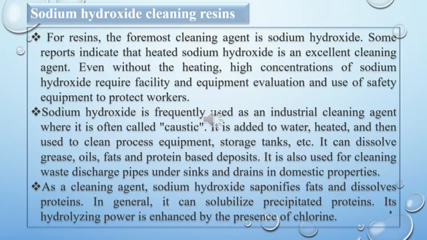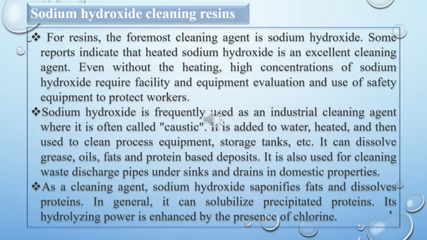In industry, it is known as caustic. Now the question is, how do we use sodium hydroxide as a cleaning agent? He said that sodium hydroxide is added in water, then it is heated. After that, it is used for the cleaning process.